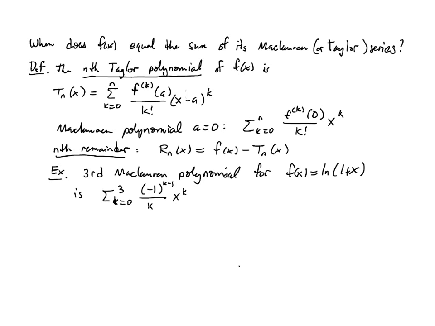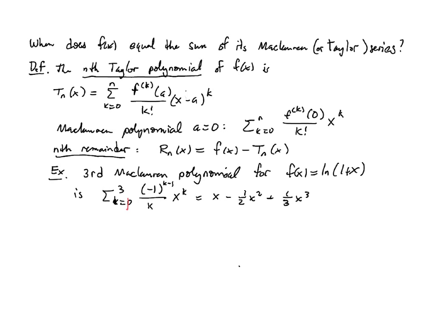And when we write that out, we end up with, sorry, that should of course go from k equals 1 to 3, right, because our Maclaurin series started with k equals 1, so we end up with here x minus 1/2 x squared plus 1/3 x cubed.